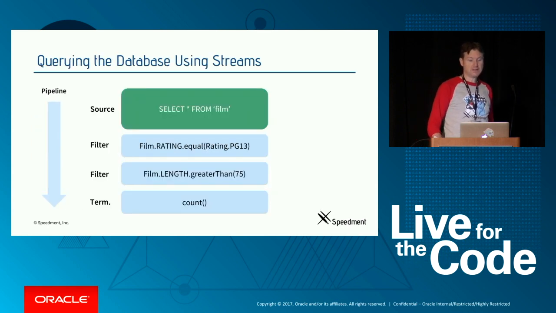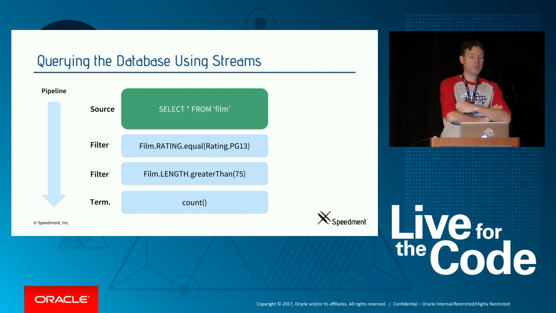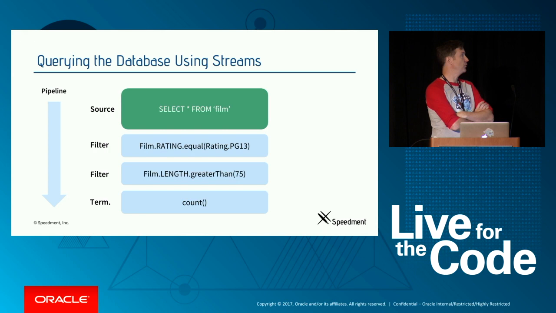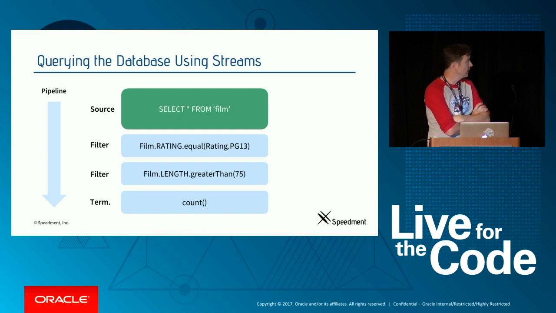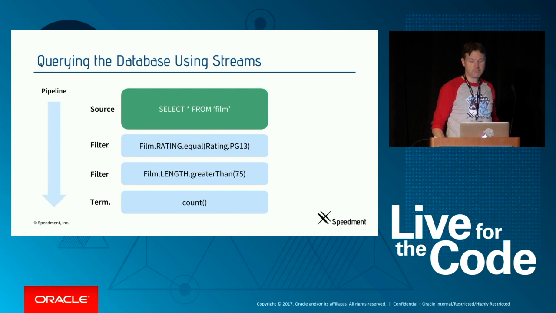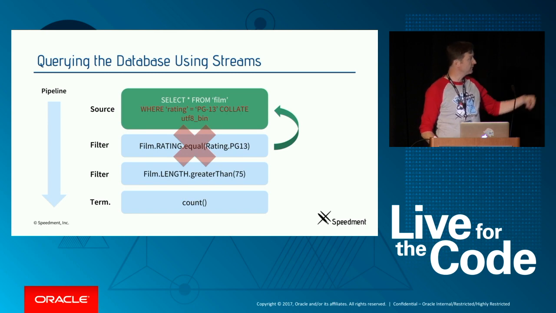So let's check the stream pipeline, sorry. From the beginning we have the source, which is default to everything. We have a filter, and we have another filter, and then we have a terminating operator. Before the stream starts, it checks its own pipeline, and in this case it will see that if I replace the source with this, I can actually remove this filter.